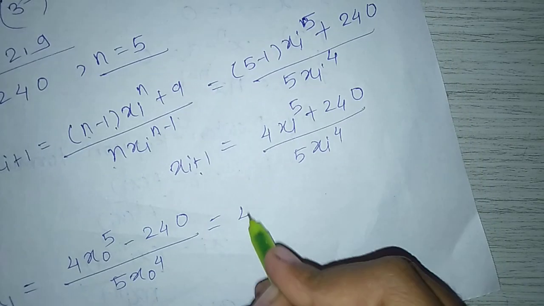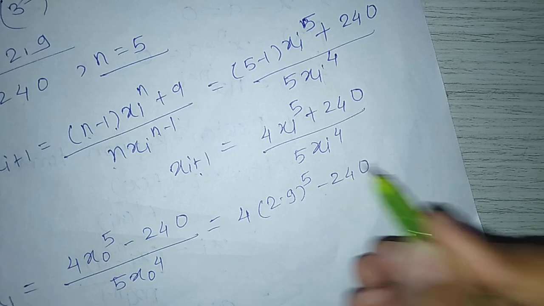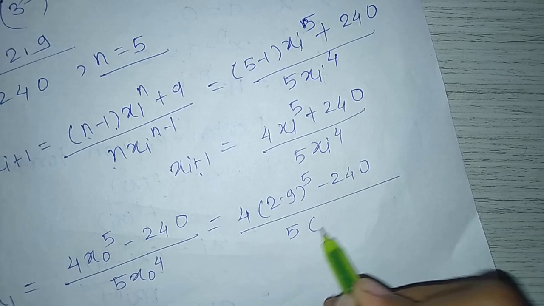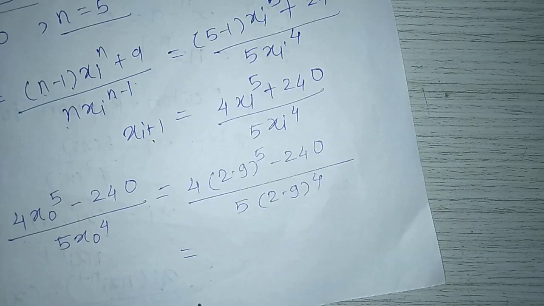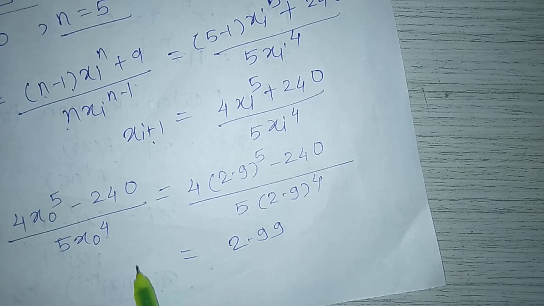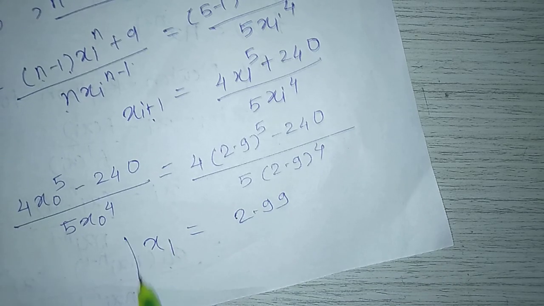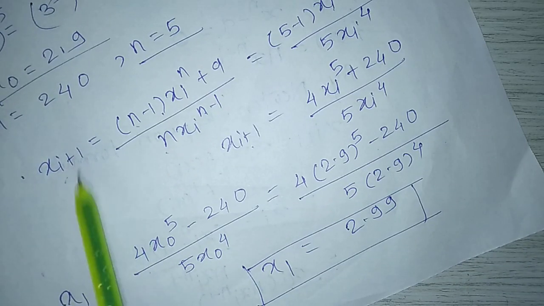So (4 into 2.9^5 minus 240) upon 5 into 2.9^4. After solving this, we get x1 equal to 2.99.